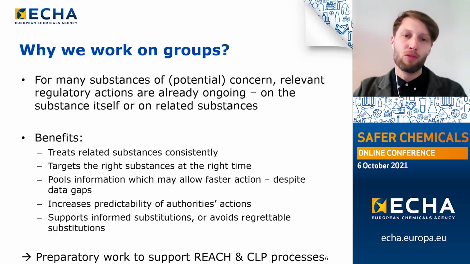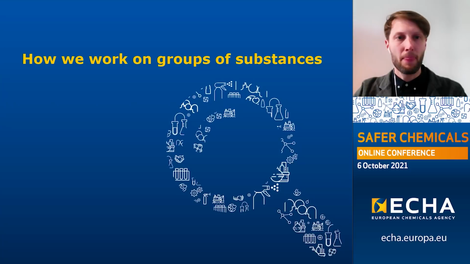So moving from one hazardous substance to a related similarly hazardous substance can be avoided, and it makes it also easier for companies to plan how they substitute these substances. That said, and as I said earlier, this is all preparatory work to support the REACH and CLP processes. It is not a formal process in the traditional kind of sense.